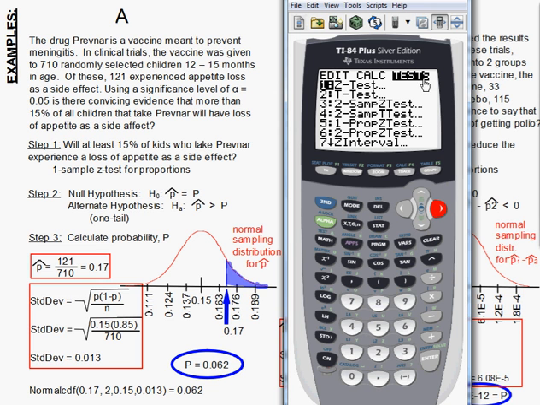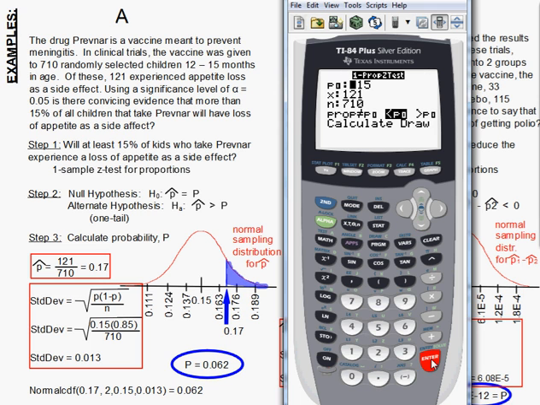We move over to Tests, and here are all kinds of tests. Now we have already identified that we have a one-sample z-test for proportions. It looks like we need number 5, which is the 1-PropZTest.